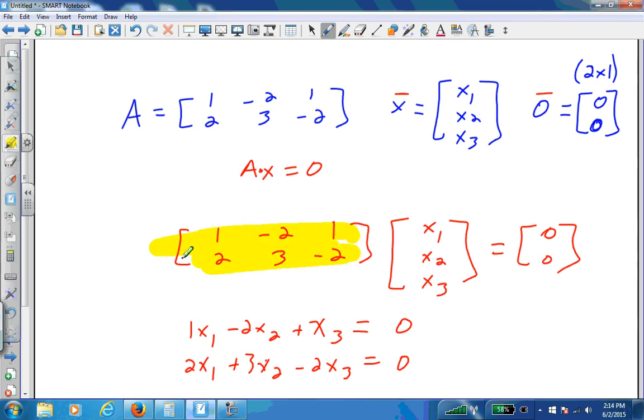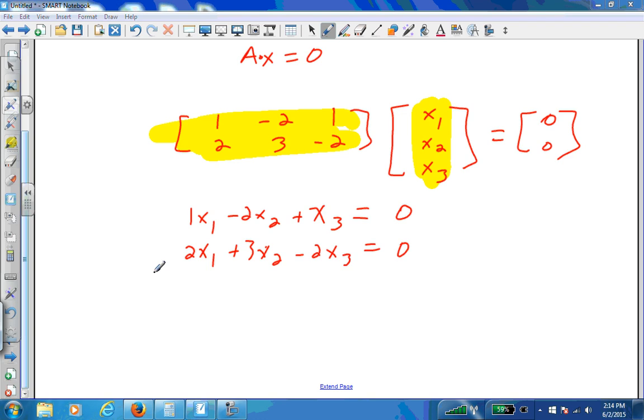So this is another way of representing a system of equations without using augmented matrices. We write the coefficient matrix. We use a column vector that is one column that has each variable as its own row, and then our resultant on the right. So if we wanted to solve this system of equations, this is equivalent to having the augmented matrix 1, -2, 1, 0, 2, 3, -2, 0.